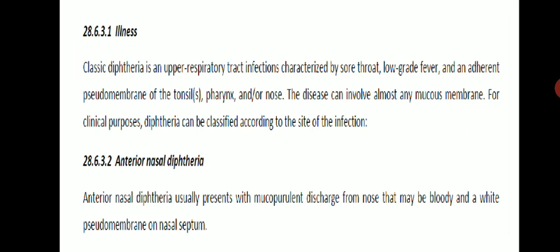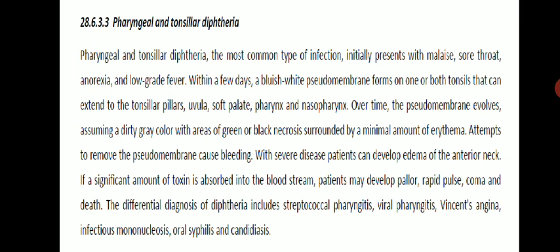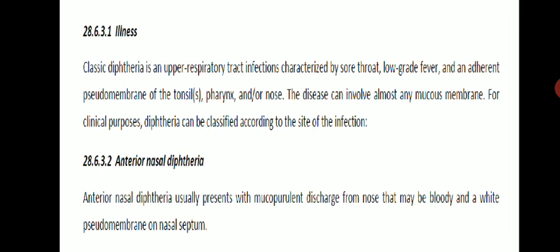So for clinical purposes, diphtheria can be classified according to the site of infection. There are different sites in your body that can be infected by the diphtheria bacillus. First is anterior nasal diphtheria. Anterior nasal diphtheria usually presents with mucopurulent discharge from the nose that may be bloody, and a white pseudomembrane on the nasal septum.